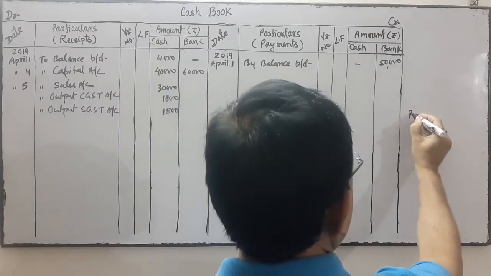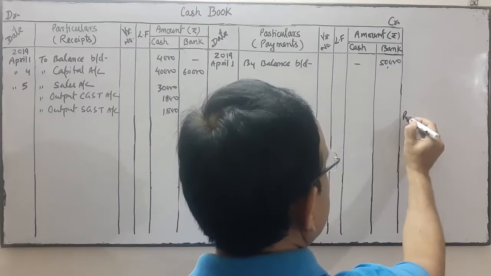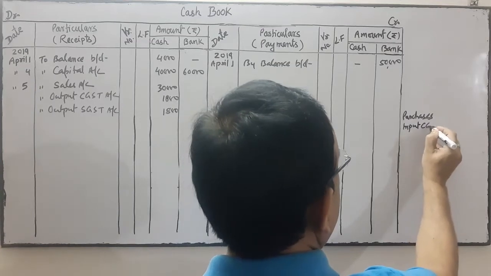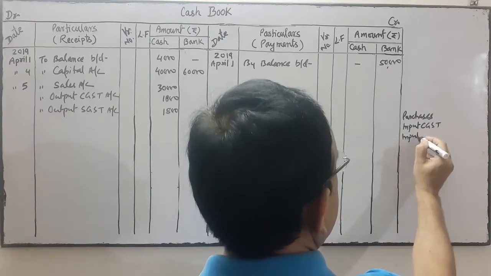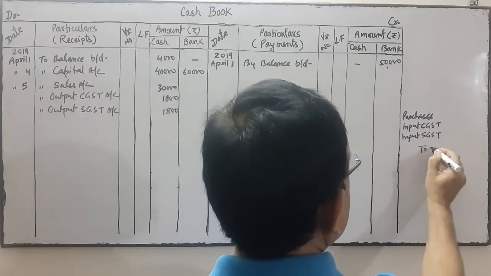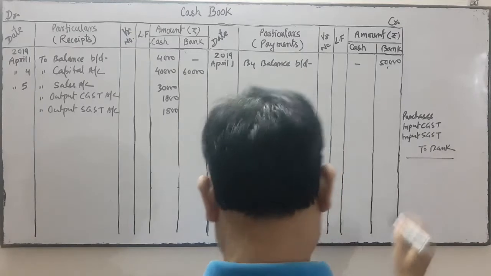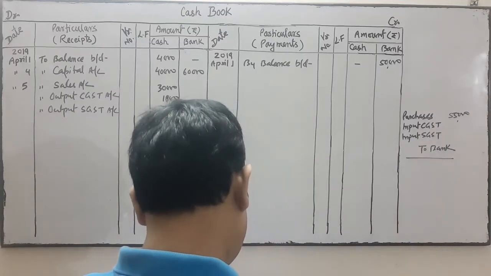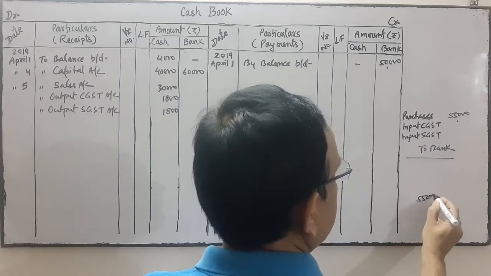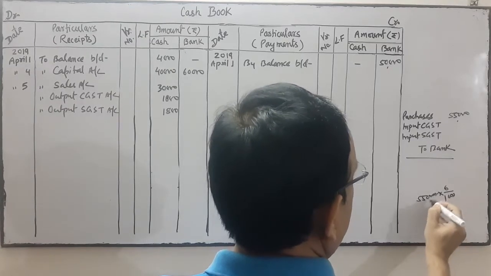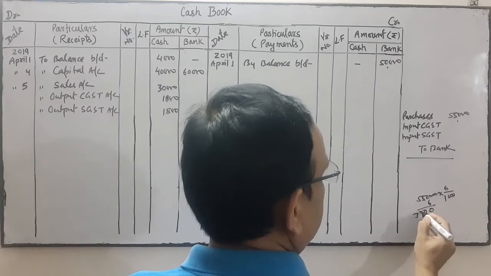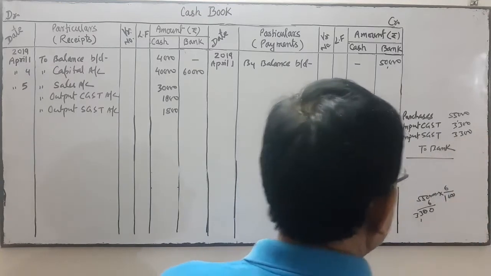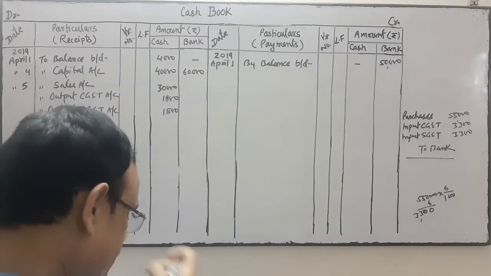When we purchase, purchase account debit, you know the entry, input CGST, input SGST, and payment is made by cheque, so bank account will be credited. 6% of 55,000 is 3,300, that is the CGST.